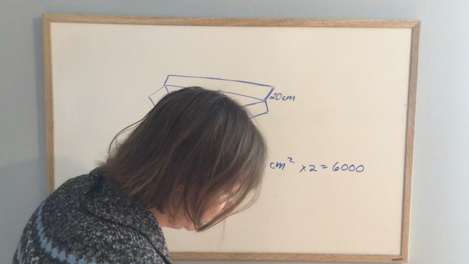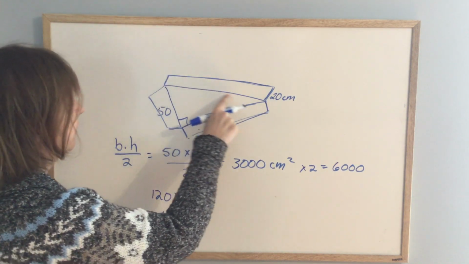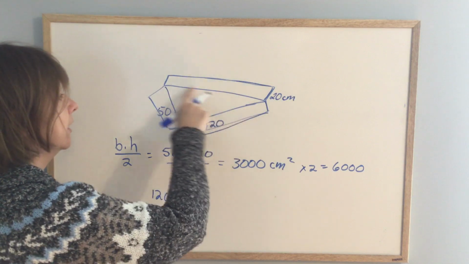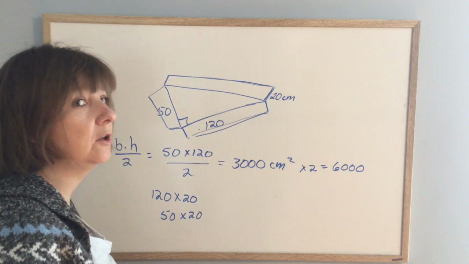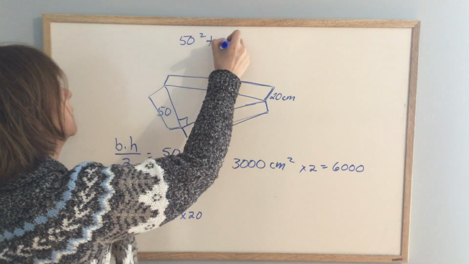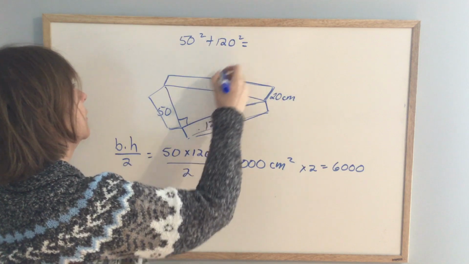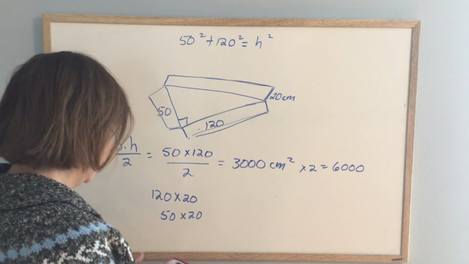The question is, for surface area, they didn't tell you what this length is, but this is a right angle triangle. If you know that this side is 50 and this side is 120, you can do Pythagorean theorem. 50 squared plus 120 squared will equal the hypotenuse squared.